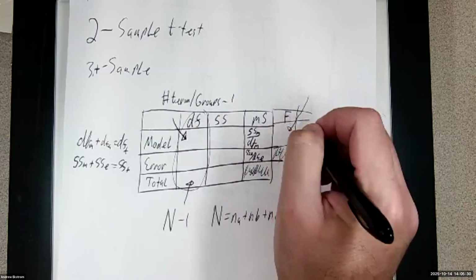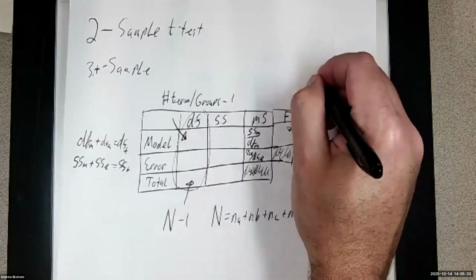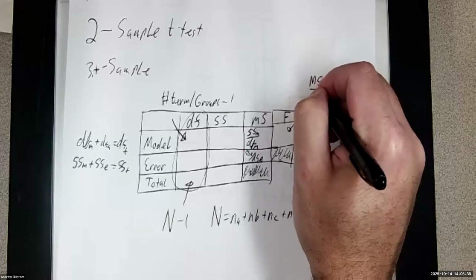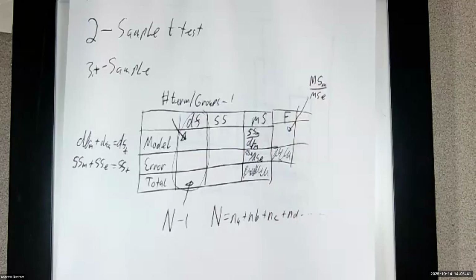And then out here, mean sum of squares for the model divided by mean sum of squares for the error. You then get that as your calculated number. You compare it against critical values on a table somewhere, and you determine whether or not the model you have is suggesting there happens to be a significant difference between one or more of the groups.